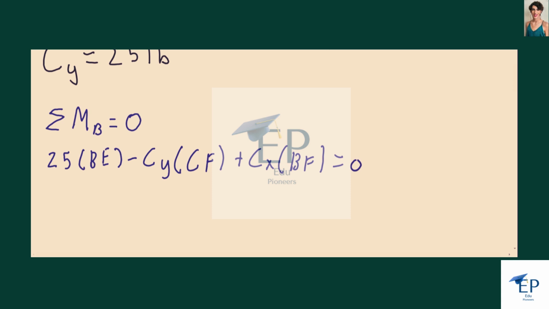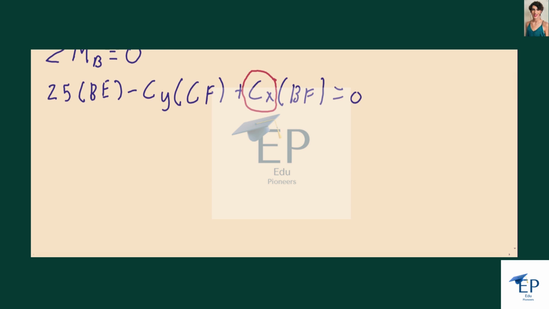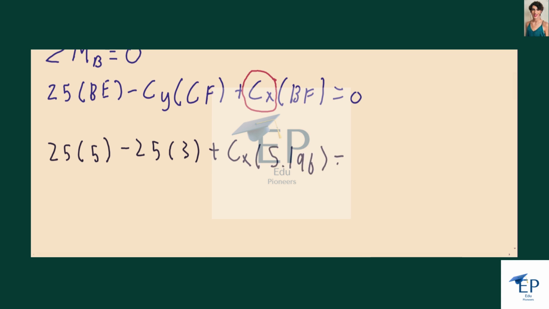The only unknown in this expression is the x component that we're trying to solve for, since we already found the y component, and we've already calculated the other lengths in this expression. So we plug in what we know, and that gives us 25 times 5, minus 25 times 3, plus C of x times 5.196 is equal to 0.